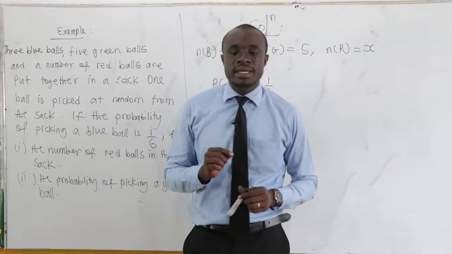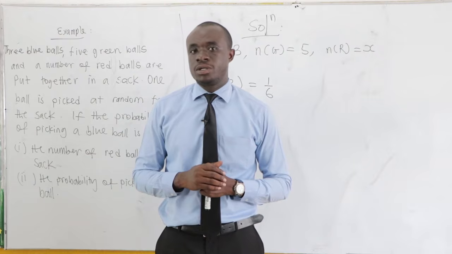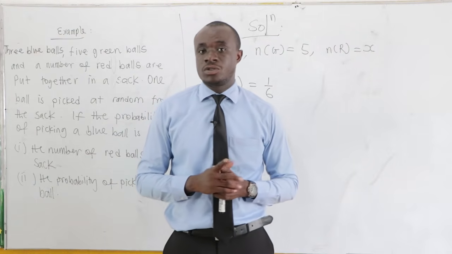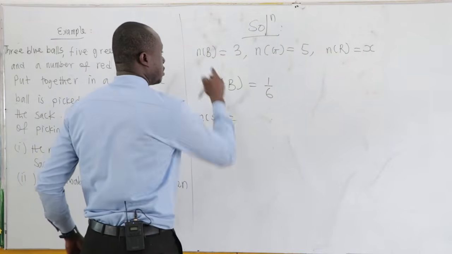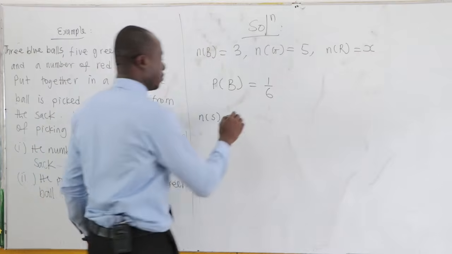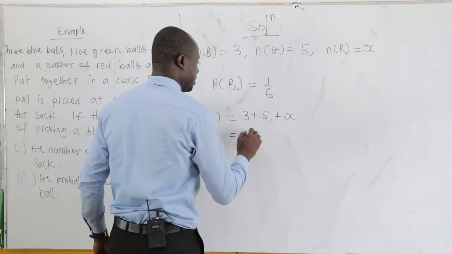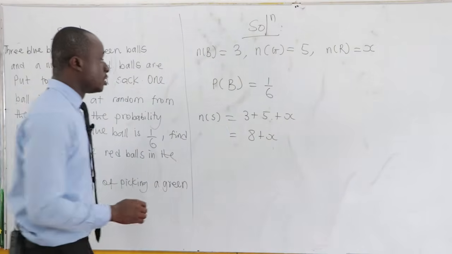Now, probability is number of events all over number of sample space. What is the event? A defined occurrence or situation. So let's find the number of sample space, the addition of all the balls, which is 3 plus 5 plus X, and this is just 8 plus X. That's the number of sample space.